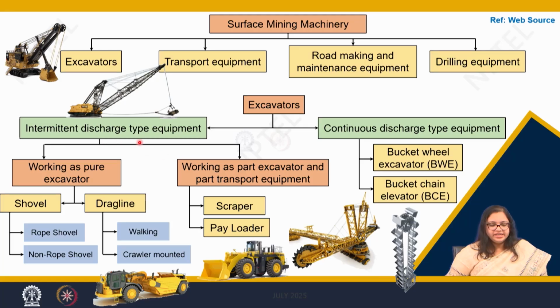Now again, in intermittent discharge type equipment, the excavator can be part excavator and part transport equipment. A pure excavator does only the excavation and does not do any kind of transport operation.